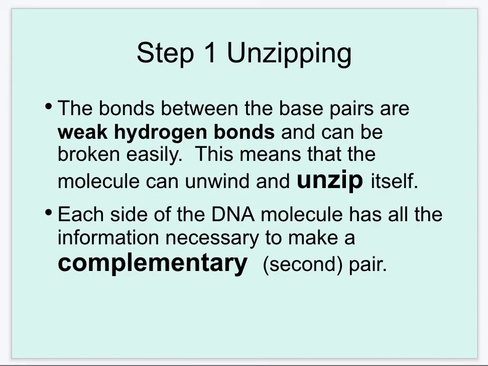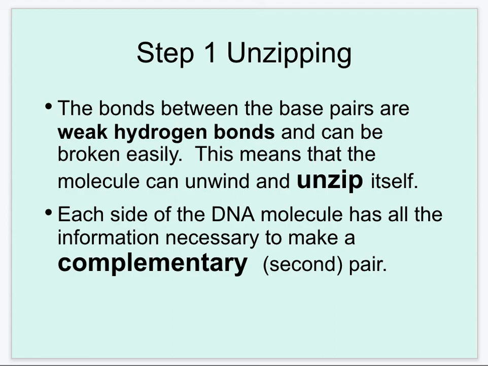So the first step in DNA replication, so in order for the DNA to copy itself, the first thing it has to do is unzip itself, we call it. And this is done with an enzyme called helicase, and it unzips the DNA molecule.